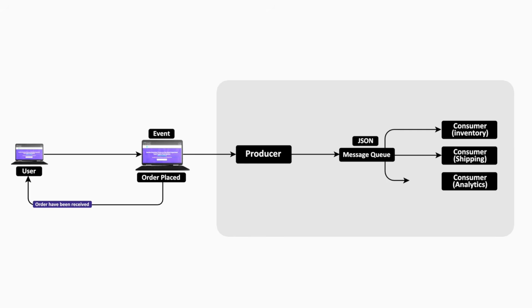As all the consumers are handling different use cases, based on one event you can have thousands of consumers, and all the consumers will get notified when the producer sends the message to this message queue. If we talk about Kafka, this message will go to a topic. So this can basically be a topic in Kafka, and all the consumers can subscribe to this topic so that they keep listening.